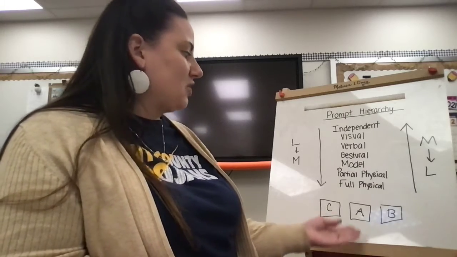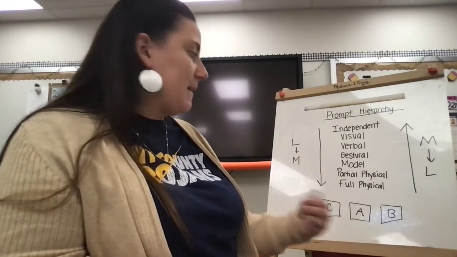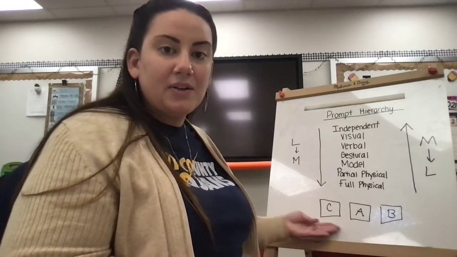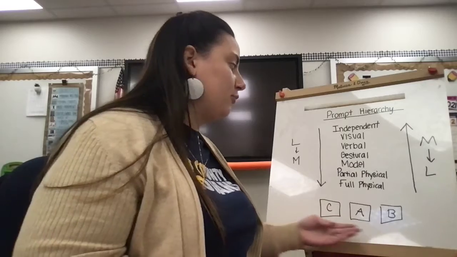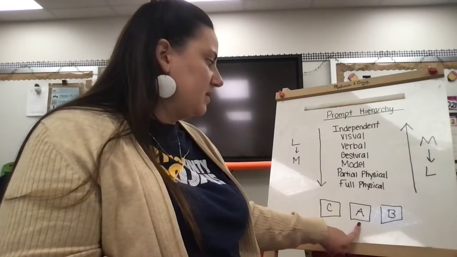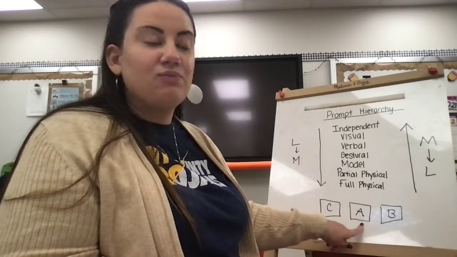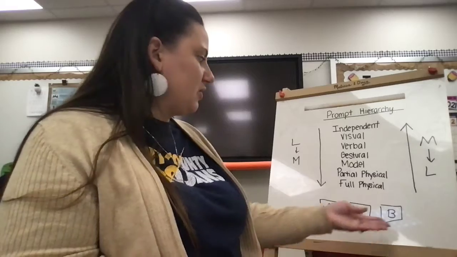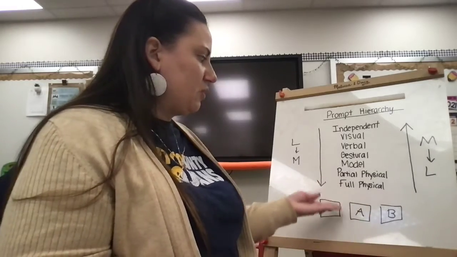So if I want the child to pick up the letter A, I might say, pick up the letter A, and run my hand across all of these letters here to get them to understand that they need to come reach up here and pick up a letter. I wouldn't say pick up the letter A and point directly at the letter A, because then you're giving them the answer. I would just do something like this, like a gestural prompt.